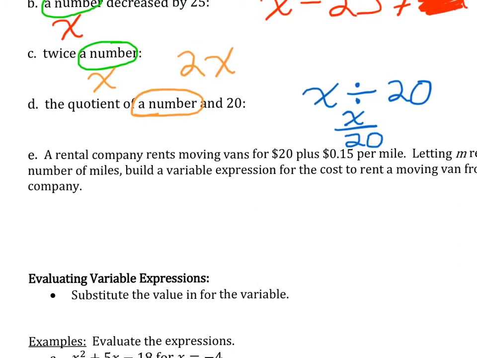So it's going to cost you $20 plus 15 cents per mile. We want to build a variable expression, and it says to let M represent the number of miles. So M represents the number of miles right there. This is going to be my M.